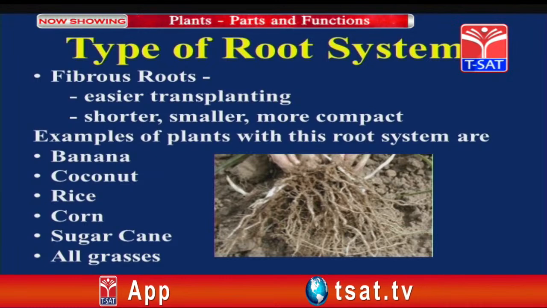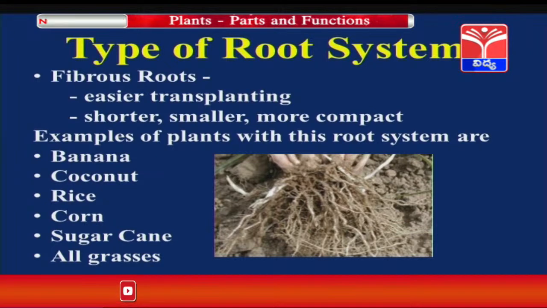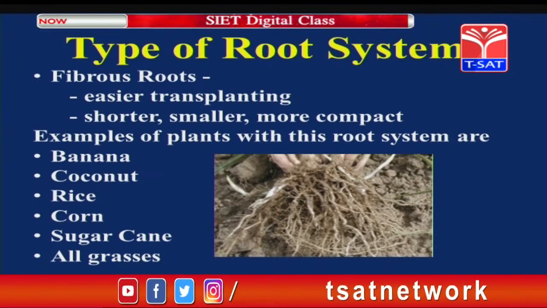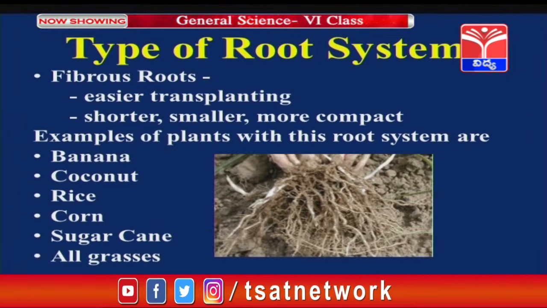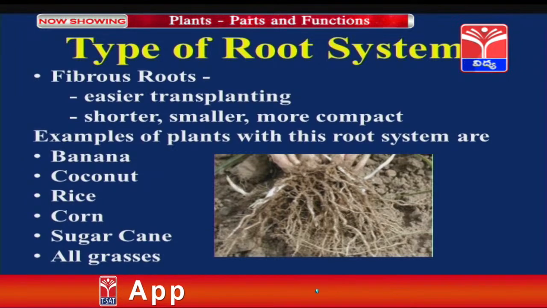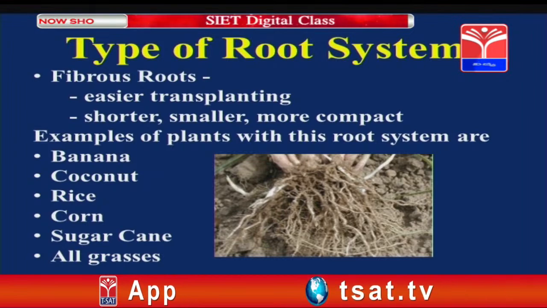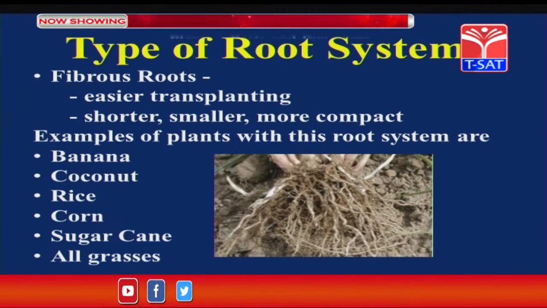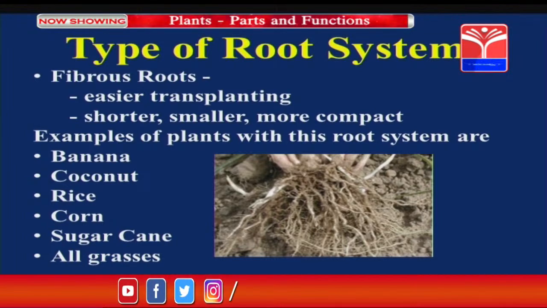They are banana, coconut, rice, corn, sugarcane and all grasses. This root system is called the fibrous root system, or it is also called the adventitious root system. So I said that 2 types of root systems are there. What are those? Fibrous root system and taproot system.